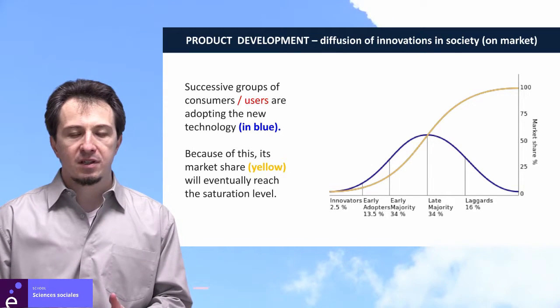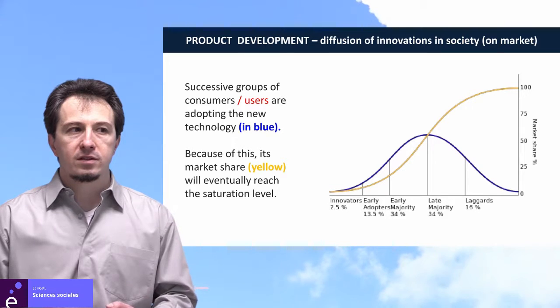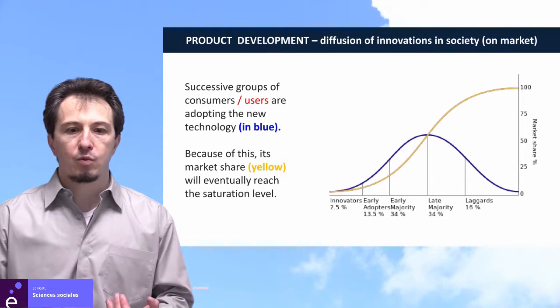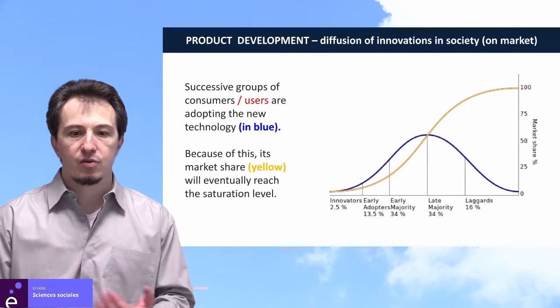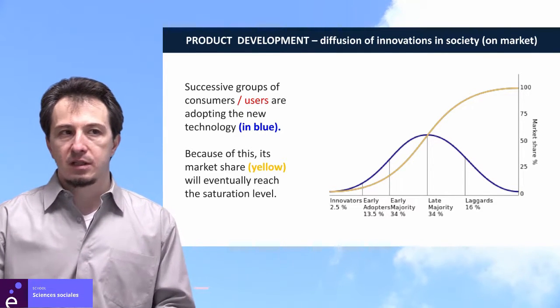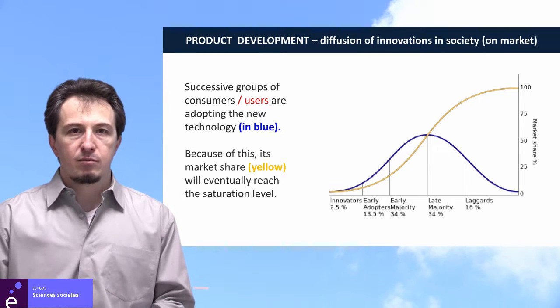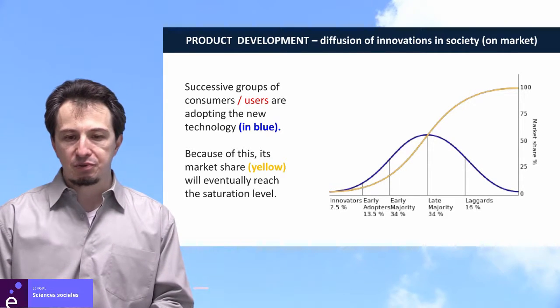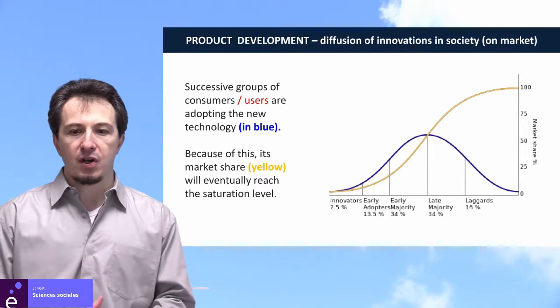You have the late majority that will just do what others did, they don't like to be left behind, so they will also adopt this innovation. And then at the end you have the laggards, the last ones that basically either don't have the motivation or have no reason to adopt. They may adopt it or not.